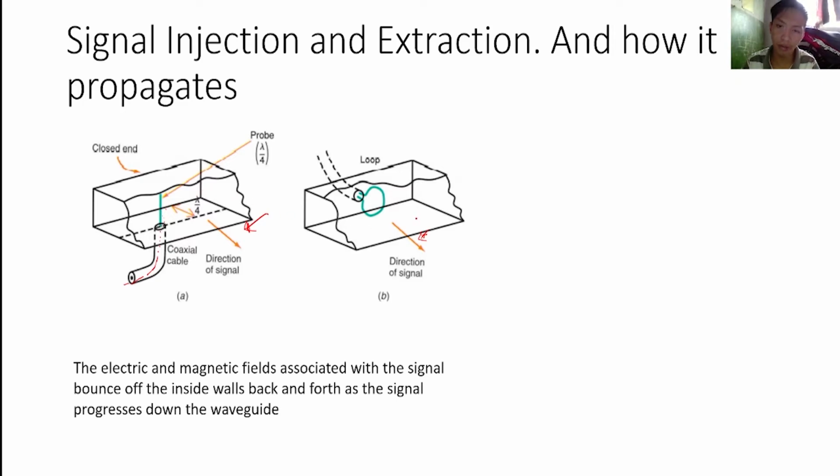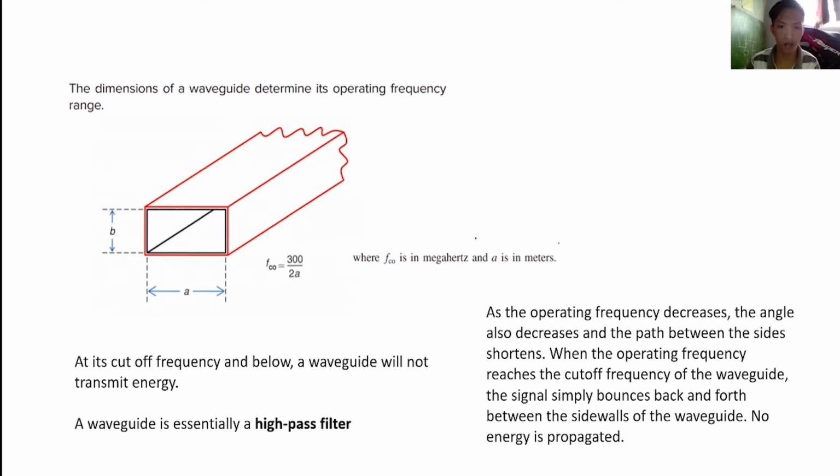As I have seen in the Matlab simulation, those are the characteristics of the propagation of the electric and magnetic fields. The dimension of a waveguide determines its operating frequency range.